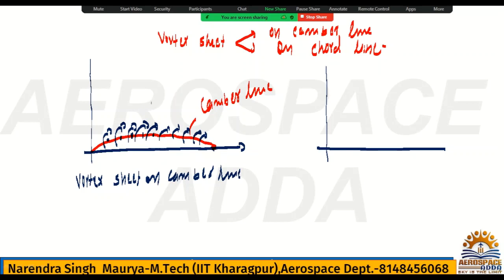What is the magnitude of it? I told you the magnitude is gamma s. This length itself is c.